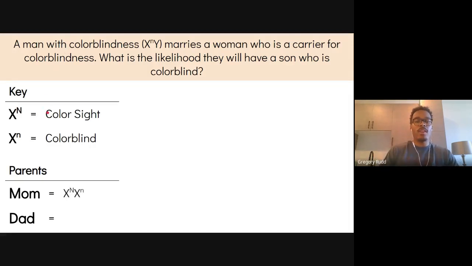XN, one capital, one lowercase. Thank you, Jessica. We know that because the mom is a carrier. So there's a woman who is a carrier. So she's heterozygous.